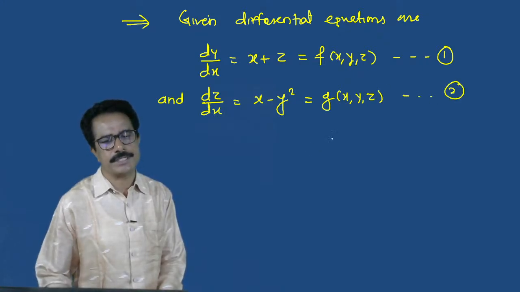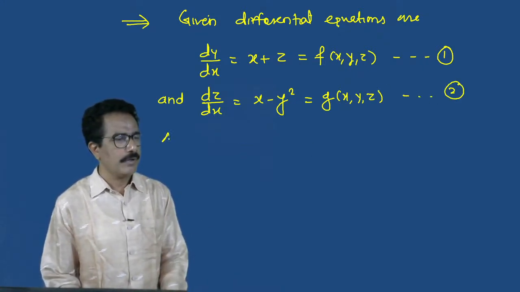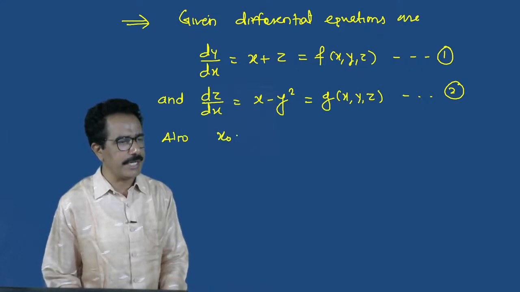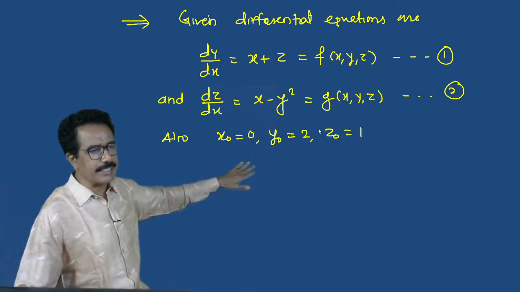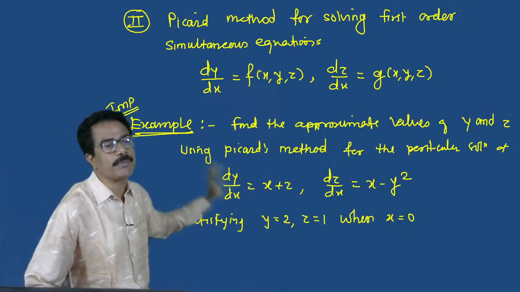Suppose this is equation 2. Also we have been given the initial conditions: x0 equals 0, then y0 equals 2, z0 equals 1.